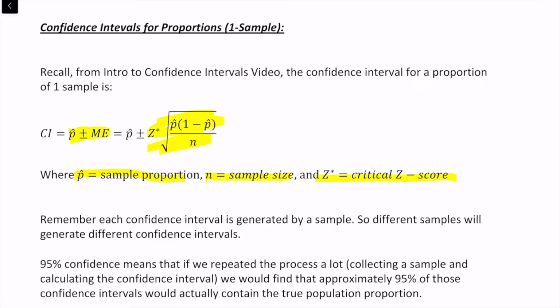So whenever we say that we're 95% confident, that means that if we calculate a bunch of different confidence intervals from different samples, approximately 95% of them will contain the true population proportion, which, by the way, we don't know. That's why we are calculating a confidence interval to estimate it. That's what we call inferential statistics, when you take a sample to describe a population.